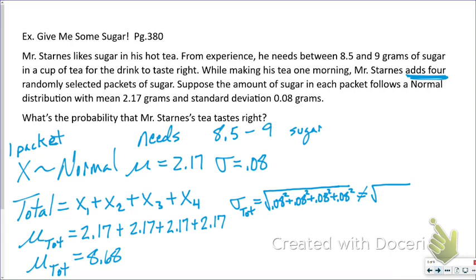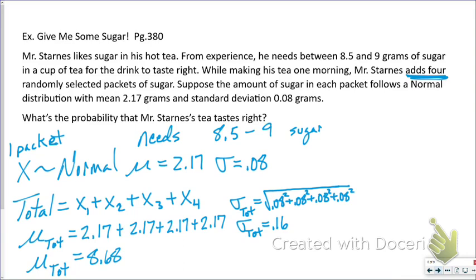This is not equivalent to this, which is why that would be a bad function to have. All right? So I end up getting 0.16.